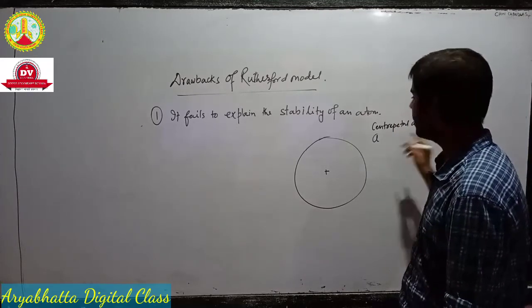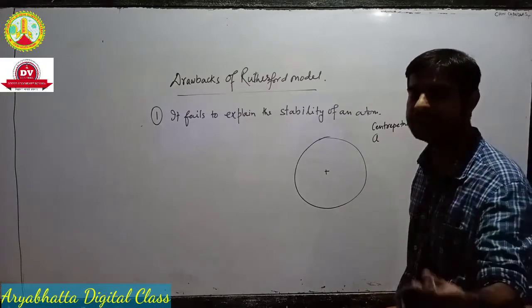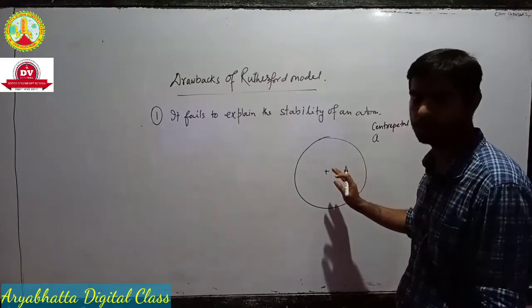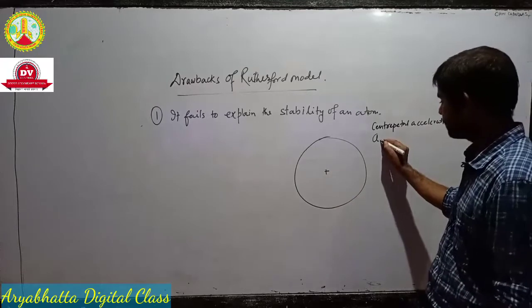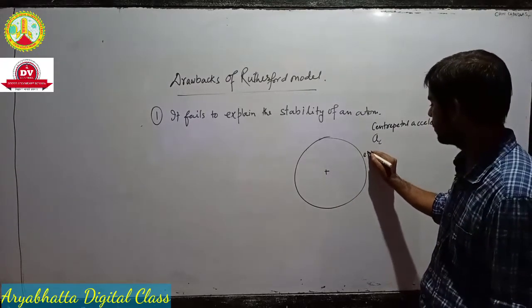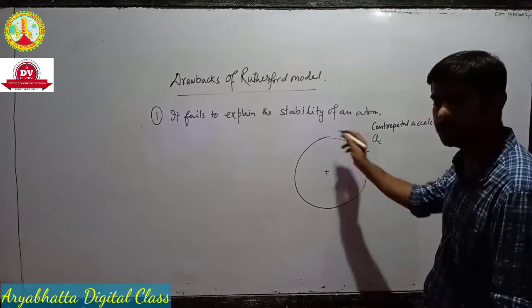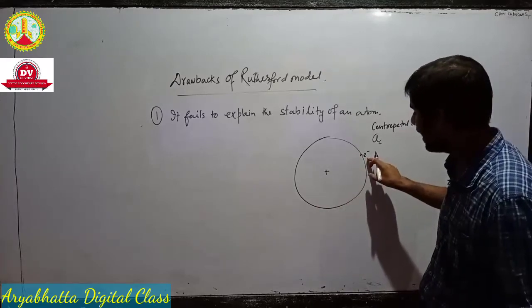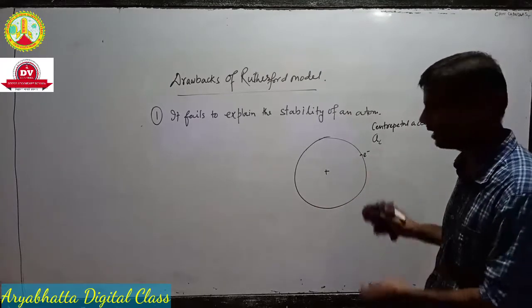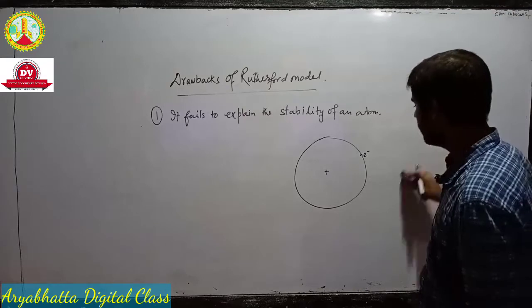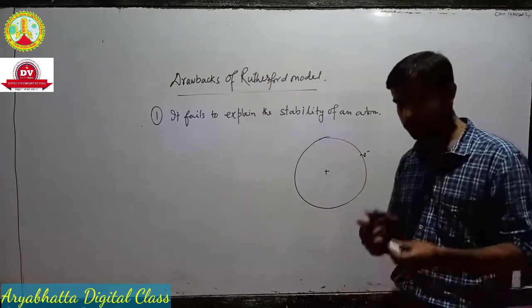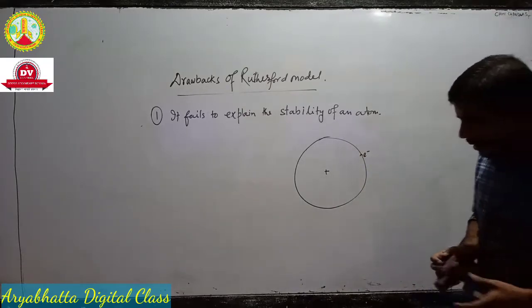So this centripetal acceleration is necessary for a circular motion. That means if electron is going in this circular orbit, then it must have a centripetal acceleration. That means electron is under an accelerated motion.